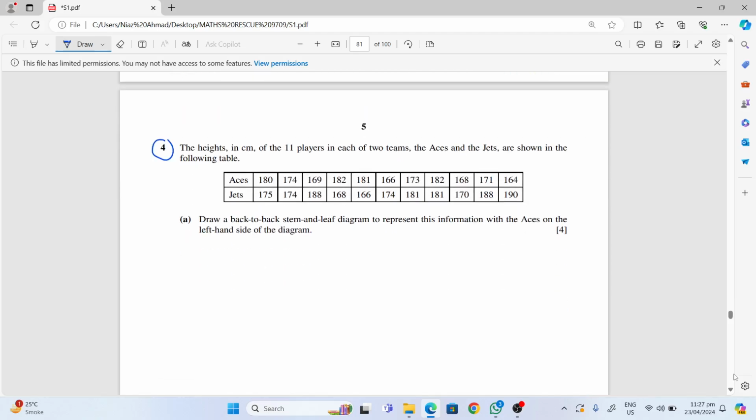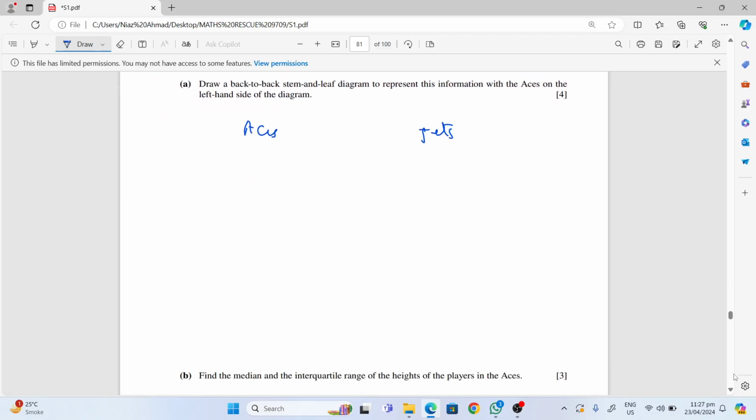Question number 4. We have to make aces on the left hand side and jets on the right side. These are the aces on the left and jets on the right. We need to make the key.